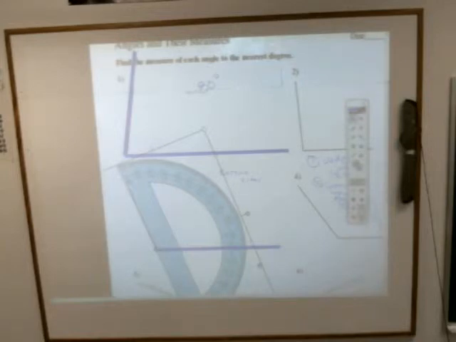No, you don't have to really extend the lines on the second page, because you can always put your protractor on there and get it.